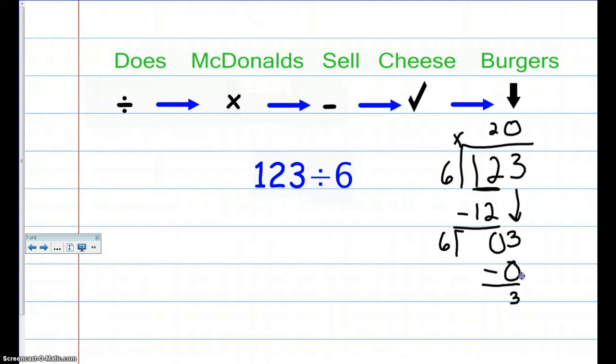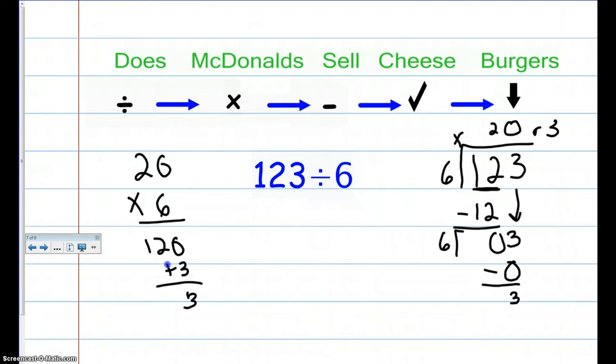Now, is there a check? Is there anything else to bring down? No. So now I can put that my remainder is 3. In this case, my answer would have been 2 instead of 20. And if you go back and check it, it wouldn't have worked. But if I check 20 times 6, I can just use my quick math: I know that 6 times 2 is 12, and put a 0 at the end, and then add 3, my answer is 123.